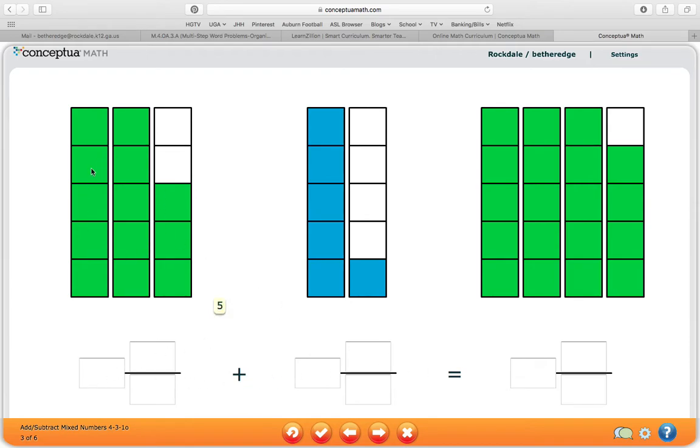So if we go back to our green bars, I had 2 wholes and 3 out of 5 parts, or 3/5. Blue was 1 and 1 out of 5, or 1/5. So my answer when I added them together was 3 and 4/5.